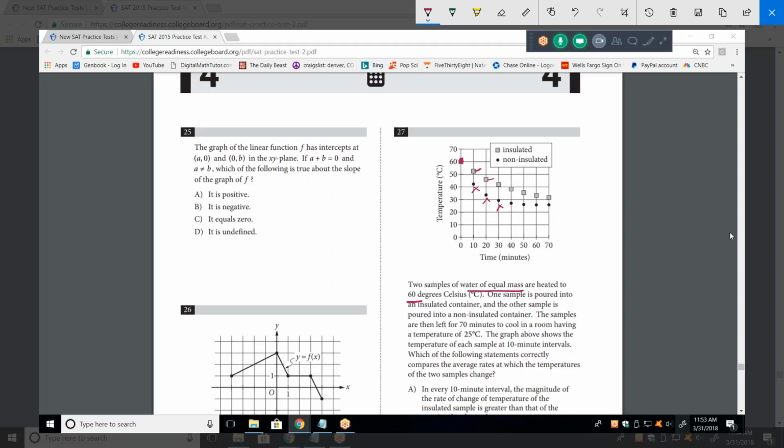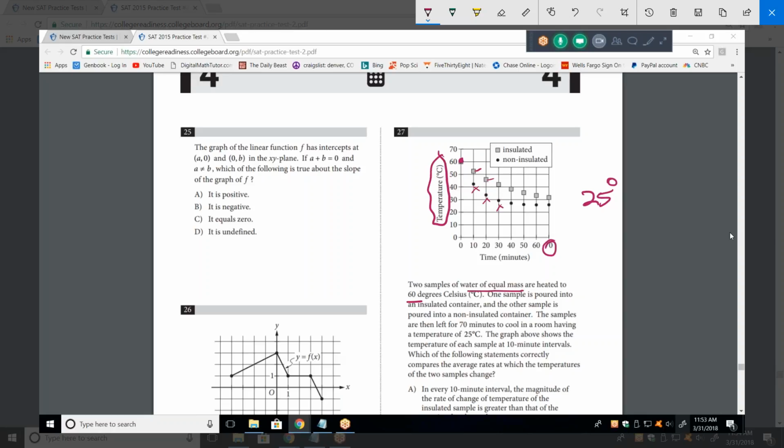The samples are then left for 70 minutes to cool in a room having a temperature of 25 degrees. That's the temperature of the room, not the temperature of the water. This is the temperature of the water. The graph above shows the temperature of each sample at 10-minute intervals.